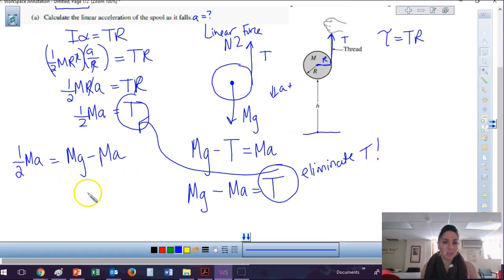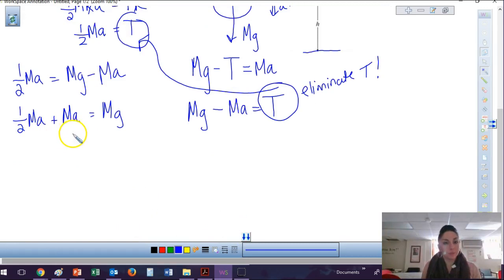So with that said, I'm going to go ahead and simplify now and figure out what a is. I have a factor of a over here, so I'm just going to move this over so the a's are on the same side. So what I have is 1/2 ma. Since this is subtracted, I have to add it over. ma equals mg.